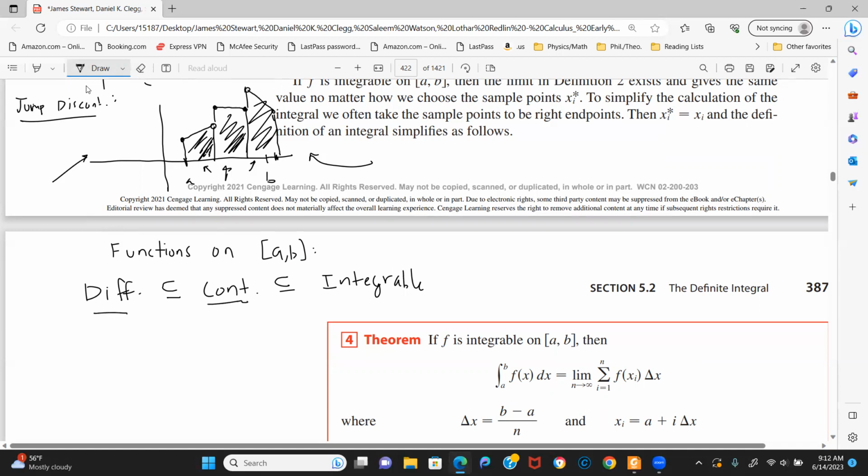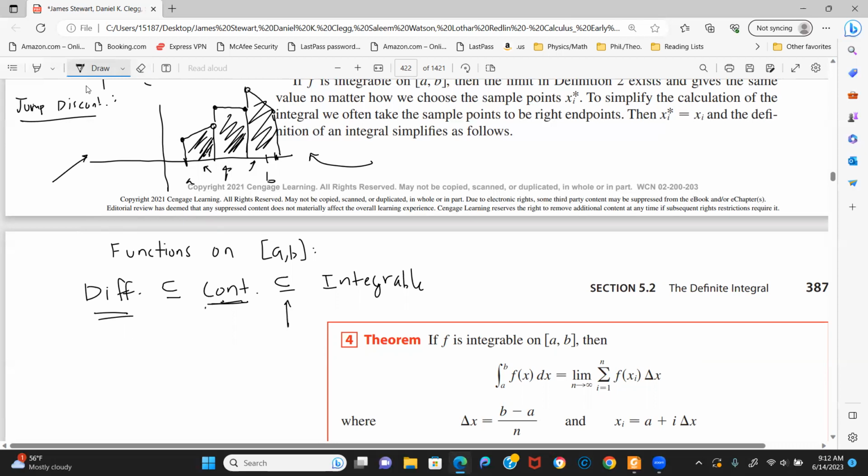We know that there are continuous functions which are not differentiable. For example, the absolute value function is not differentiable at the origin, 0, but also there's the Weierstrass function, which is continuous everywhere but not differentiable everywhere. So the differentiable functions are a proper subset, meaning there are continuous functions which are not differentiable.